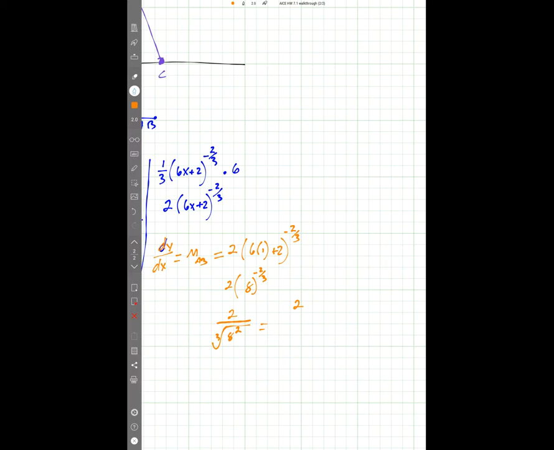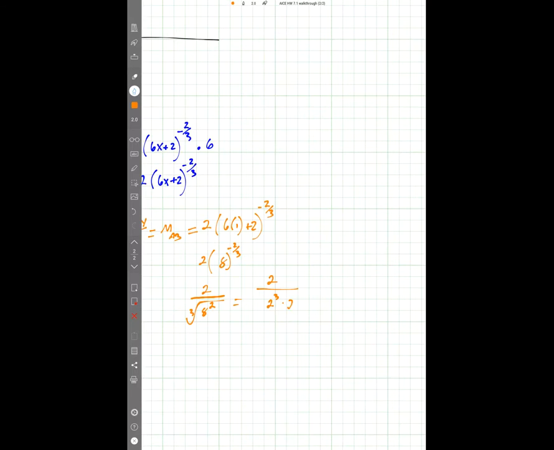So we've got 2 divided by the cube root of 8 squared. So I'm going to have 8 times 8. So 8 is 2 cubed, so it's 2 cubed times 2 cubed, and I'm taking the cube root of that.